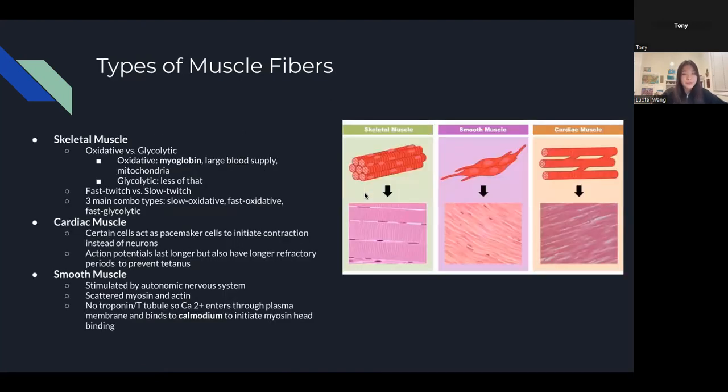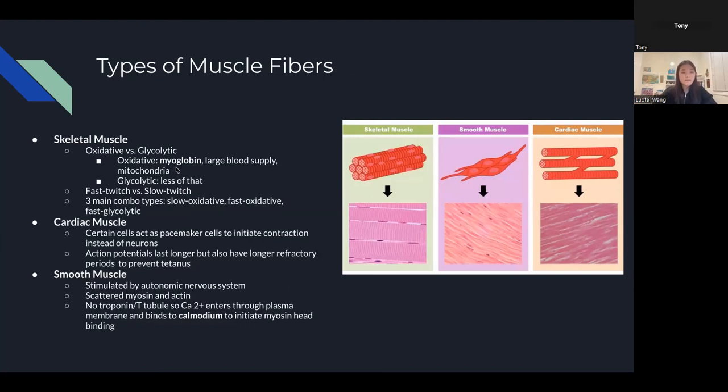Okay, there are three different types of muscle fibers. The first type of muscle fiber is skeletal muscle. That is the muscle that produces a lot of your voluntary activity. There are oxidative and glycolytic muscle fibers. The oxidative muscle fibers use mostly oxidative respiration, aerobic respiration, to produce the ATP supply.